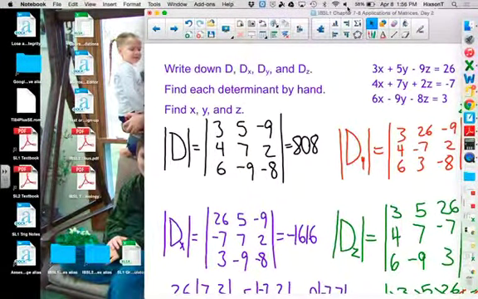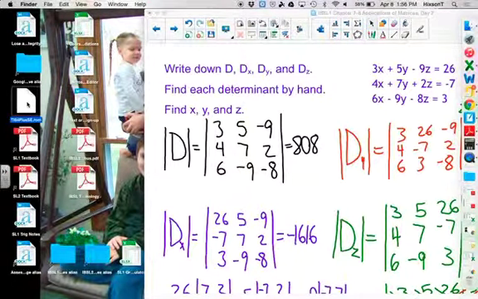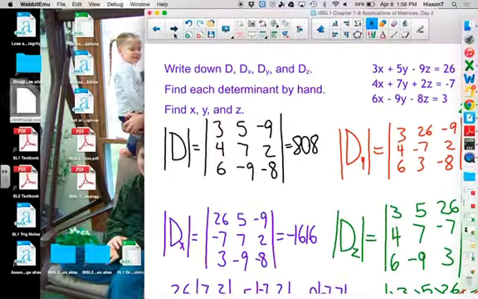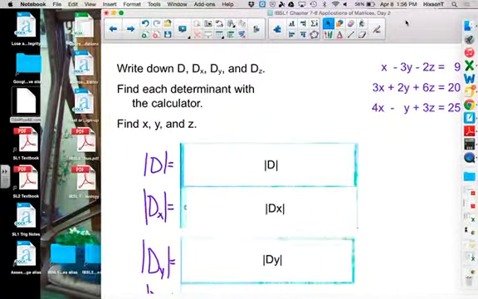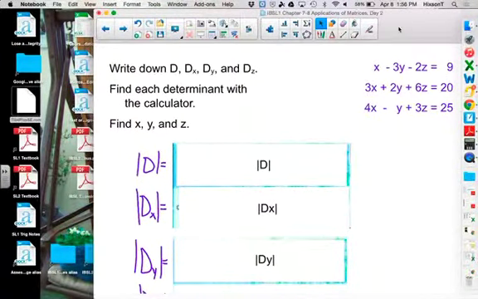Now, what I want to look at is another example here. We have this system of equations. x minus 3y minus 2z equals 9. 3x plus 2y plus 6z equals 20.